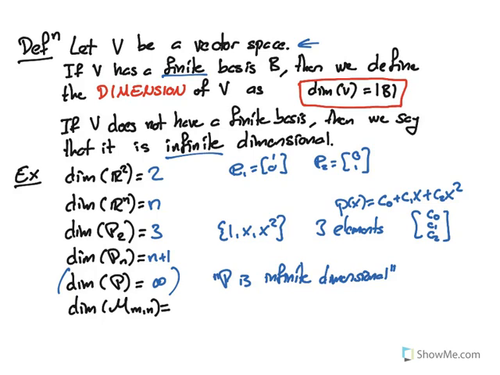So just one more, the space of matrices. Recall the dimension is m times n, because that's how many elements there are in the standard basis. What about upper triangular? Say, all 3 by 3 upper triangular matrices.